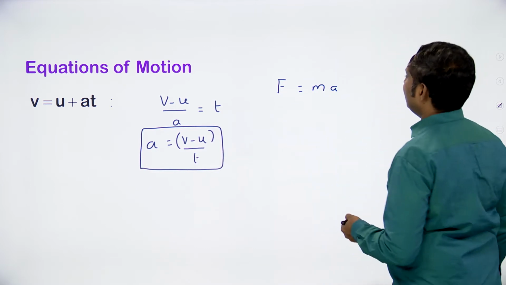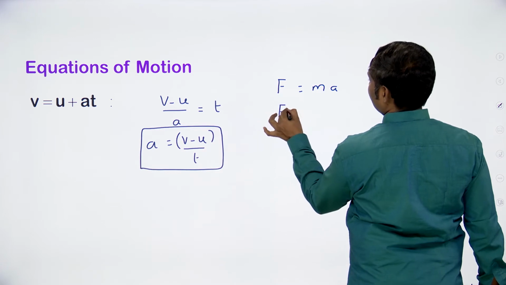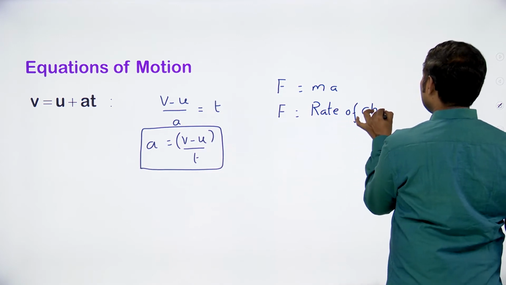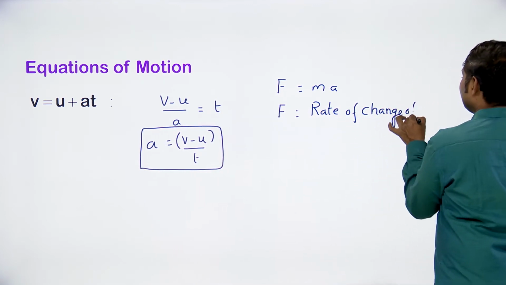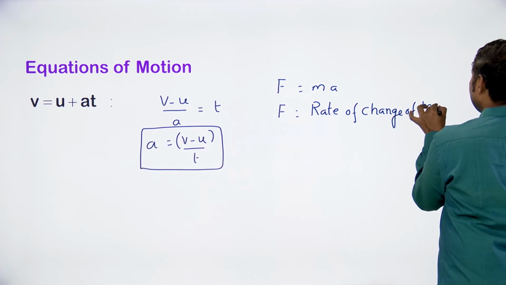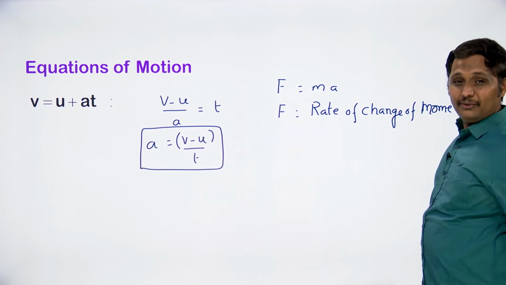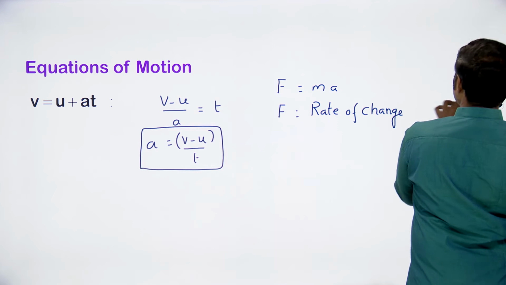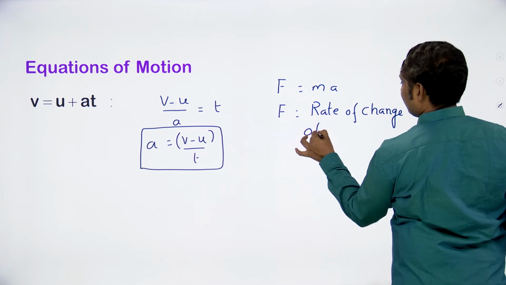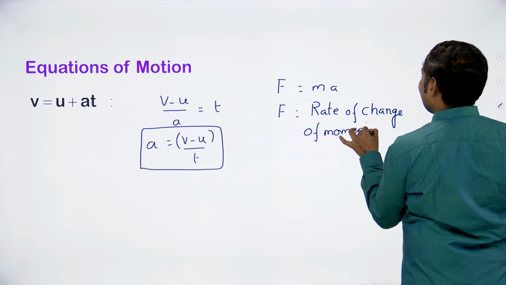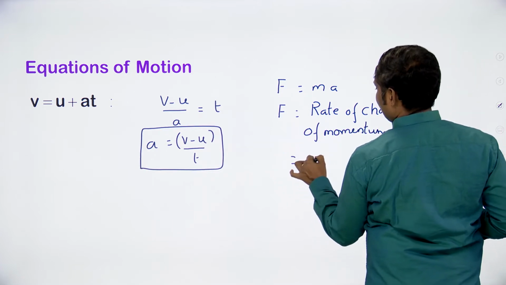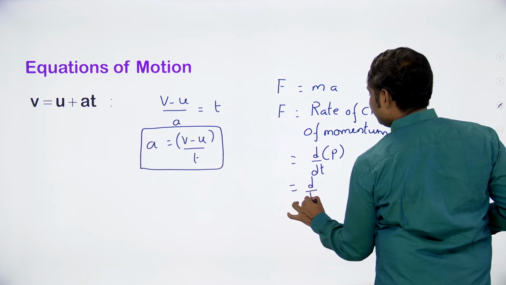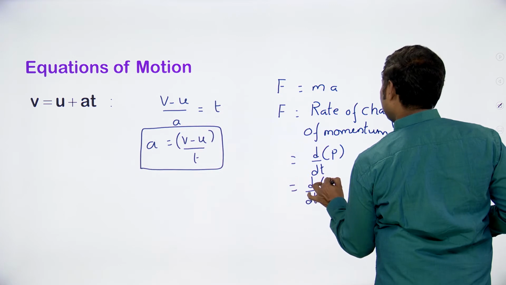According to Newton's second law, F is equal to the rate of change of momentum, change of P, momentum. It is very easy for you. So, F is equal to d by dt of P, that is d by dt of mv.